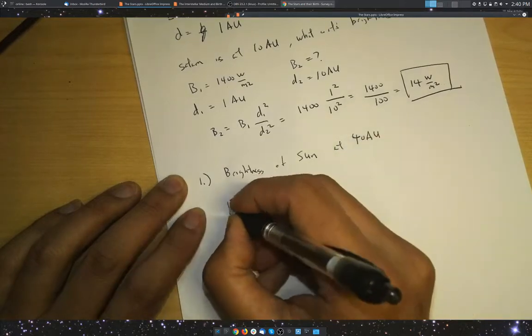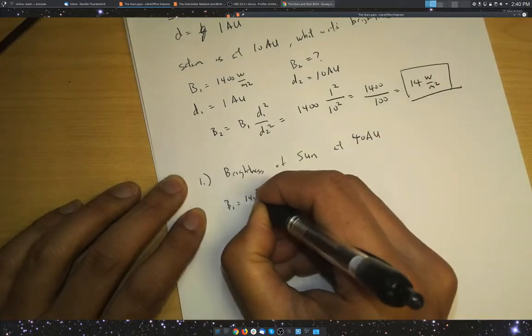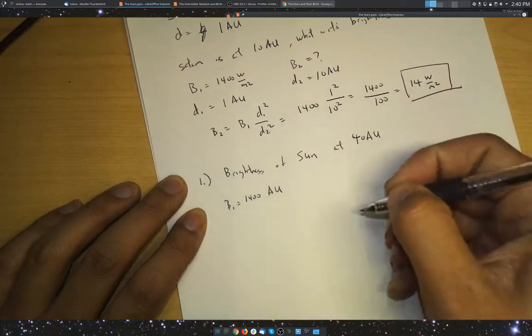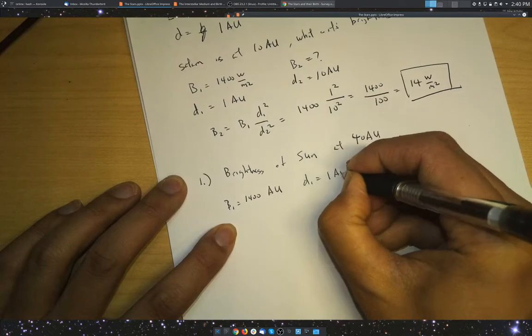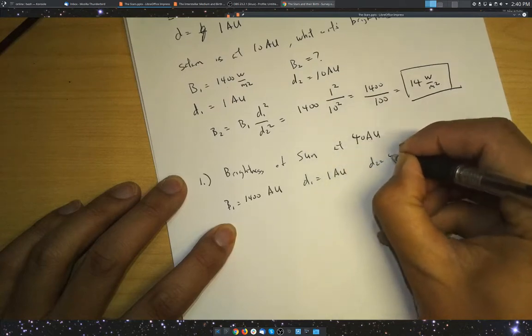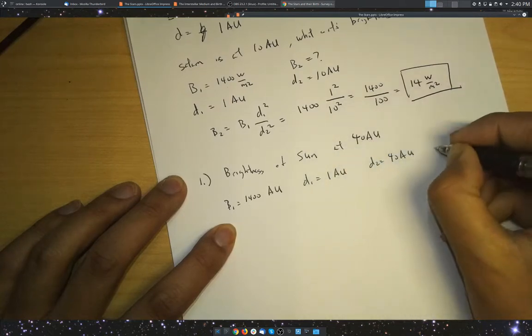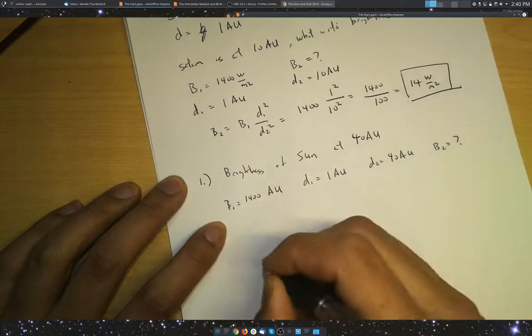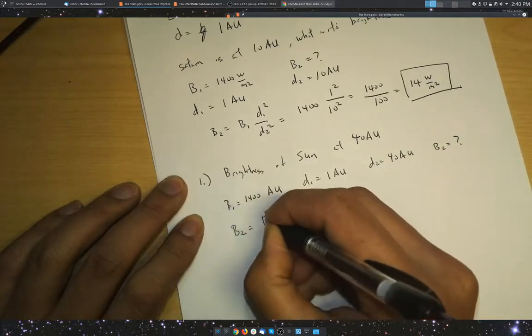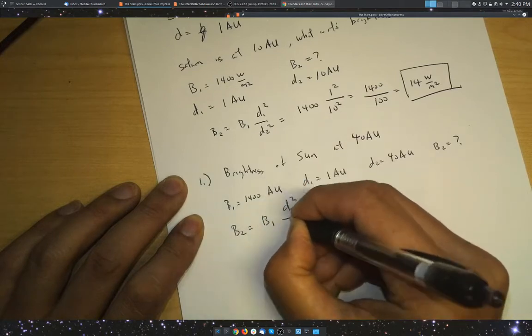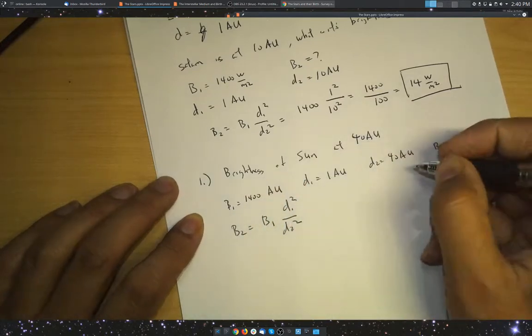B1 we know is 1400 watts per meter squared, because that's the brightness of the sun at Earth. D1 equals 1 AU. D2 is 40 AU. And B2 is equal to question mark, right? So B2 equals B1 D1 squared over D2 squared.